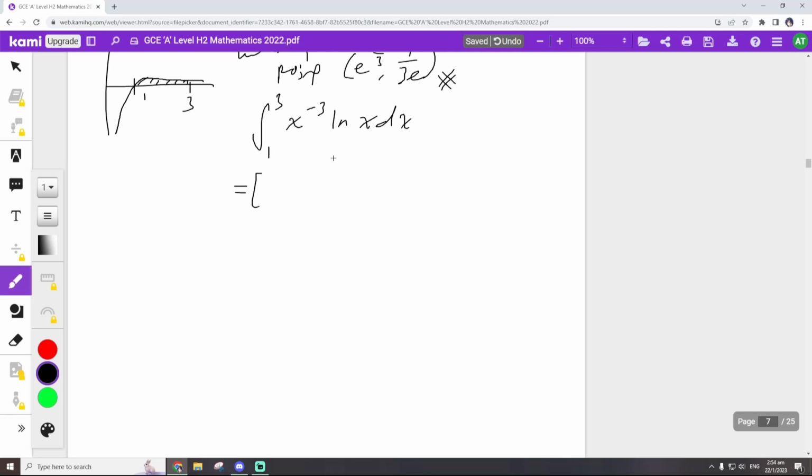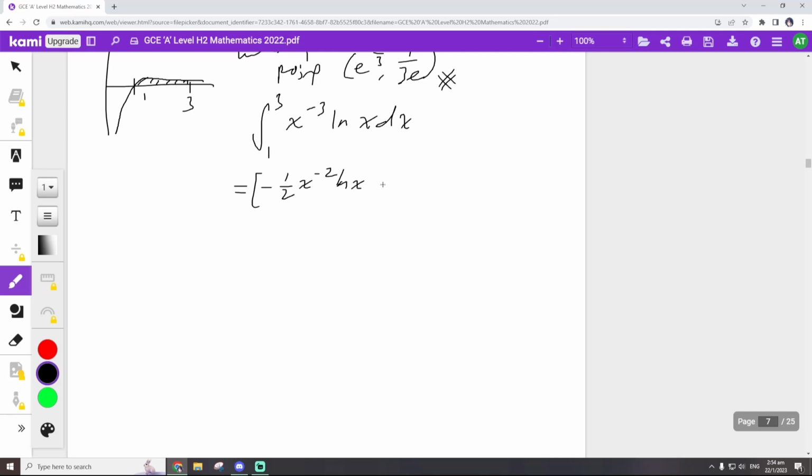So when I take uv, integrate 1 over x cubed, you get negative half x to the power negative 2. So you get minus half x^-2 ln x.